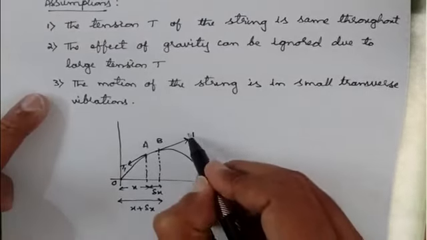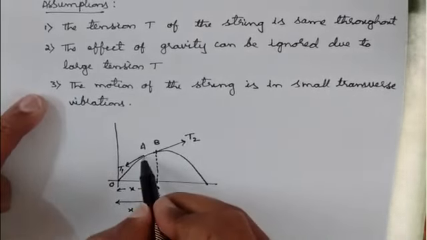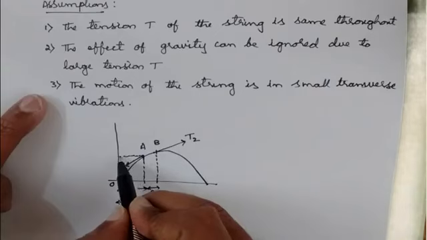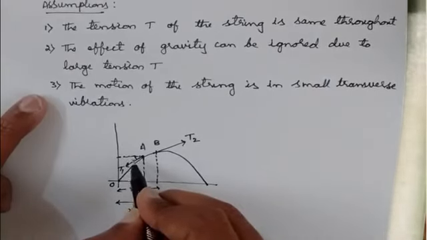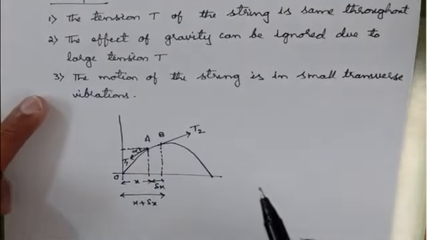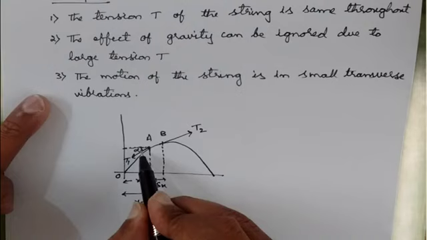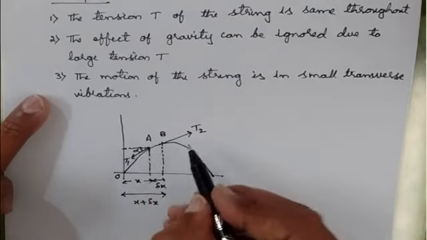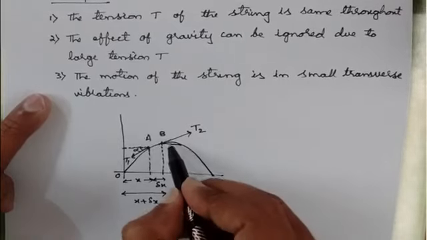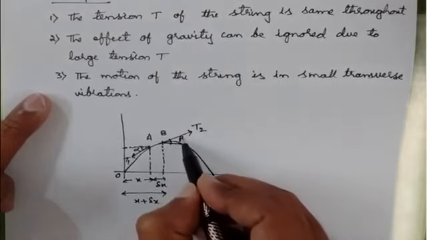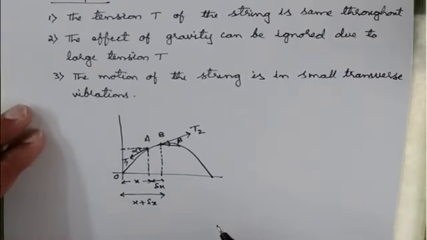If I drop a perpendicular to the y-axis over here, then the angle that is made will be alpha. Similarly, if I draw a perpendicular from here, this angle will be beta.